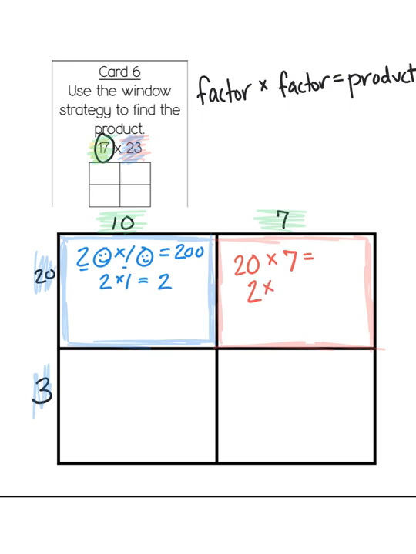Remember, multiply your non-zero digits first. 2 times 7 is 14. And I have 1 zero, so I also need to have 1 zero on the other side of my equals sign. 20 times 7 equals 140. Next, I'm going to do 10 times 3. That one's easy.